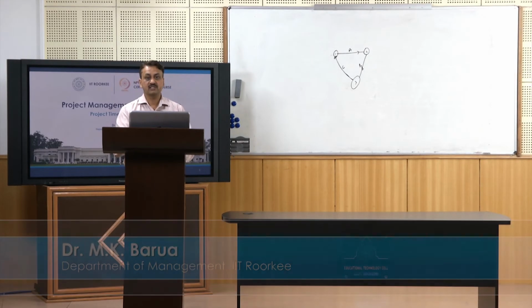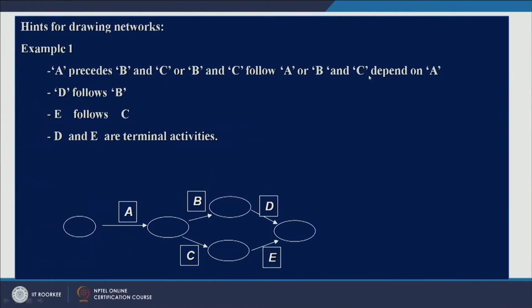Or I can also say B and C depend on A. So, first you need to complete activity A and then B and C would start. You can have different types of representation: either you say A precedes B and C, or B and C follow A, or B and C depend on A, one and the same thing.